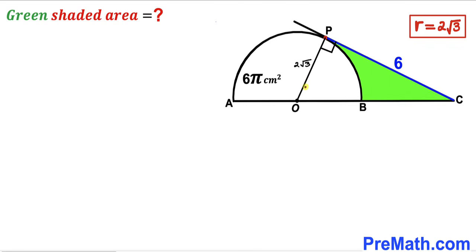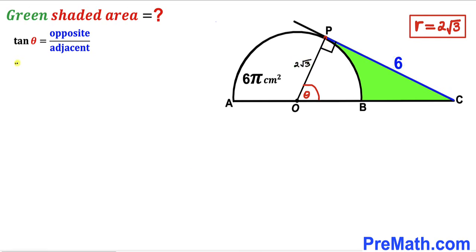Now let's assume that this angle POB is our angle theta, and we are going to find the value of this angle theta. Let's recall this famous trig ratio: tangent of theta is always equal to opposite divided by adjacent. In our case, the opposite side is 6 centimeter, whereas this adjacent side is 2 times square root of 3 centimeter.